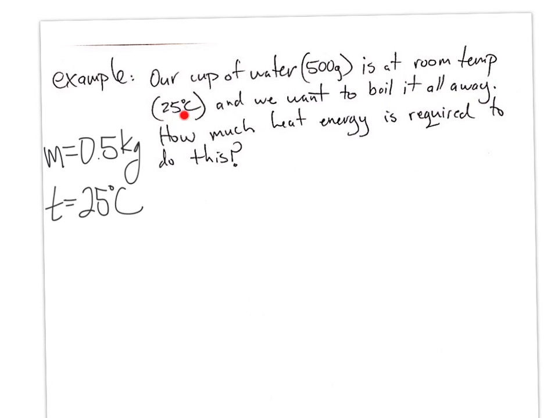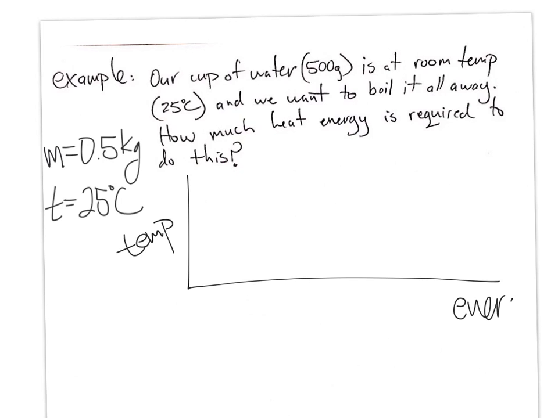First of all, we're going to raise the temperature up to 100 degrees. And then the water is going to stay at 100 degrees, but we're going to boil it all away. How much heat energy is required to do this? If we were looking at a heating curve, with energy, we would have this type of situation.